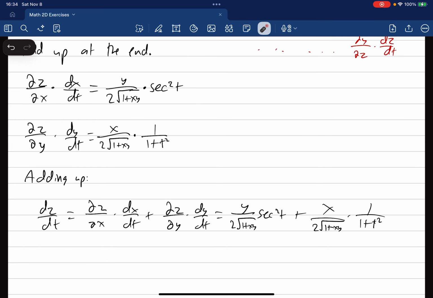And if we wanted to, we could plug in the y and the x into these variables here to make the whole thing a function of t.